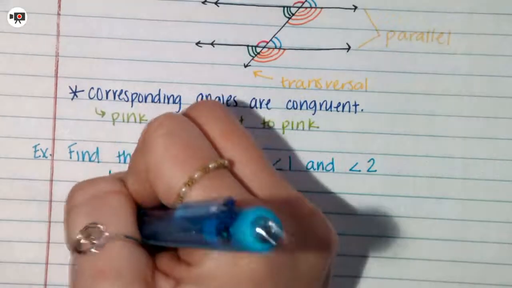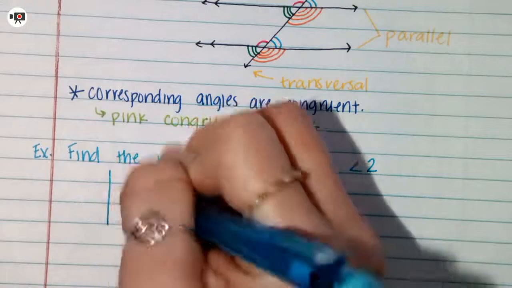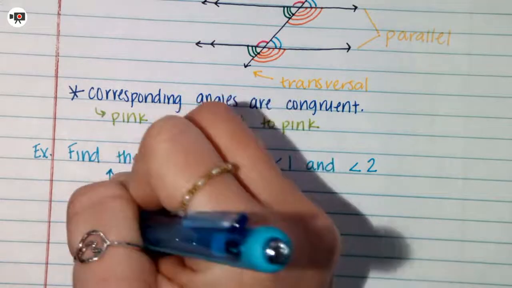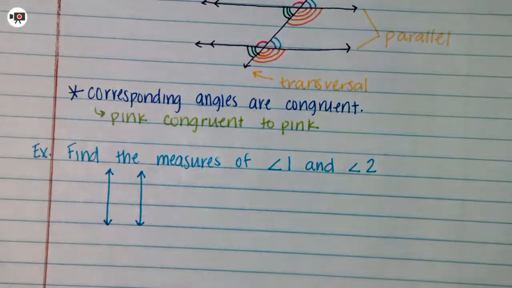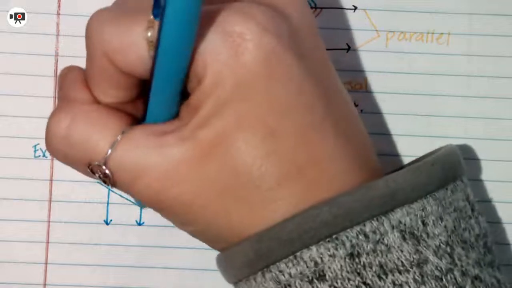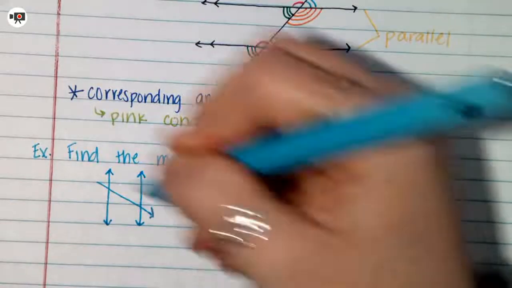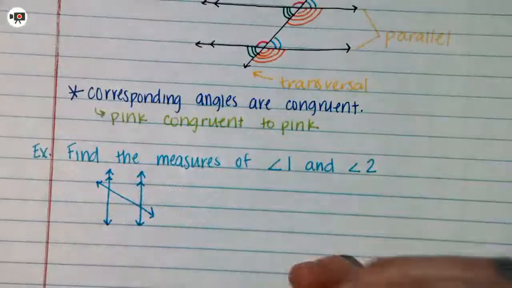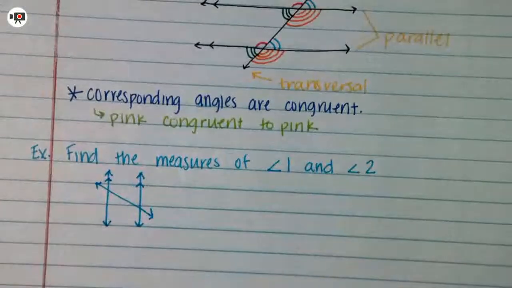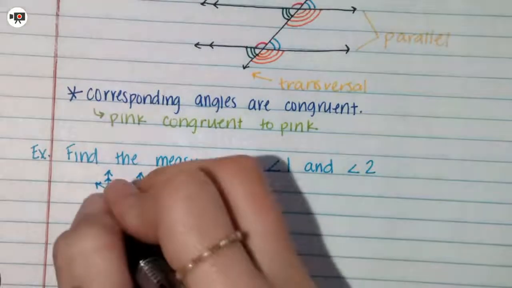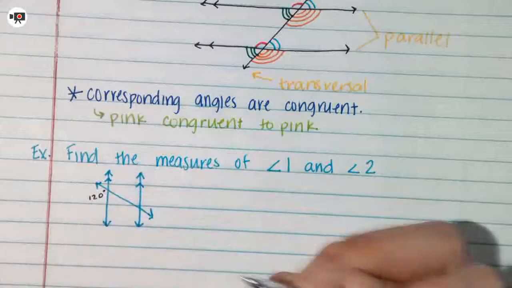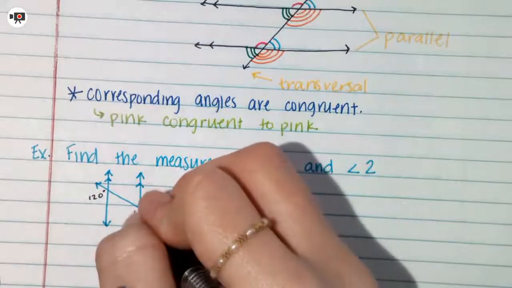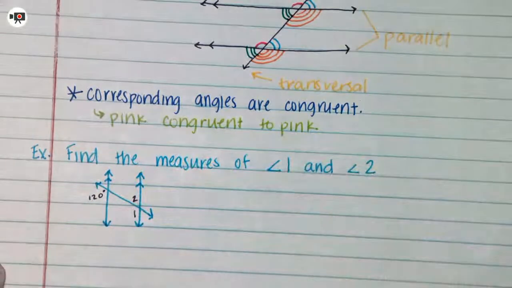So if I have 2 parallel lines here, and they are cut by a transversal, I am going to say this one is 120 degrees. This is angle 1, and this is angle 2.